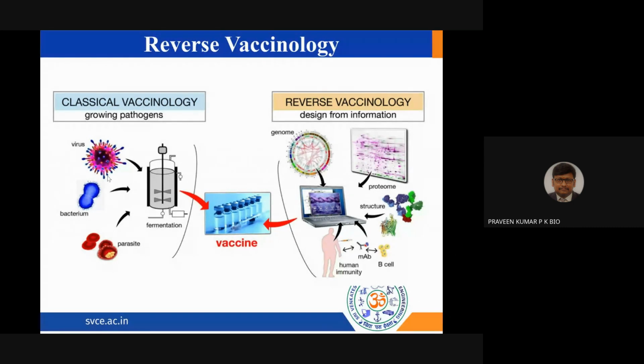So not only do we take live attenuated or killed viruses, but you can also take the particles, the proteins, the peptides derived from the viral particles for the treatment. Whatever vaccines we see in the market are produced on a large scale through fermenters.